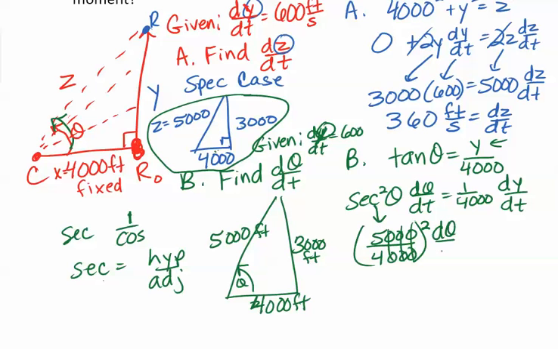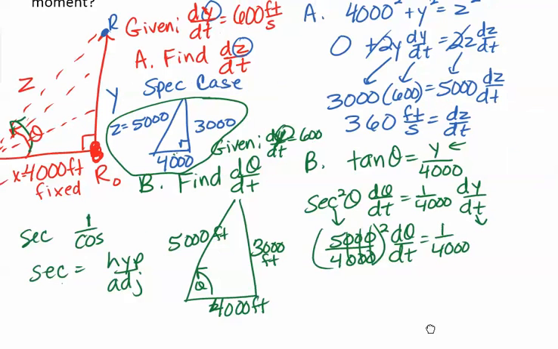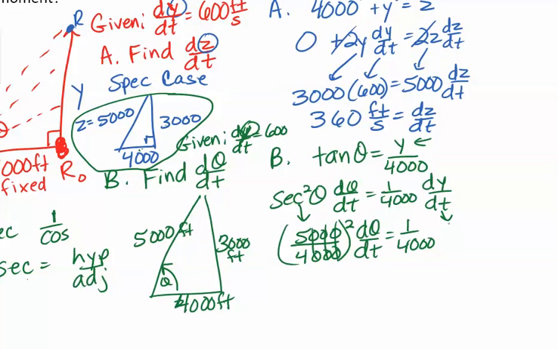d theta/dt is the variable we're looking for. On the other side, dy/dt is the 600 kilometers per hour. We can do some canceling here as well. We can at least divide by 200, which gives us a 20, and on this side, we'll have 25 over 16.